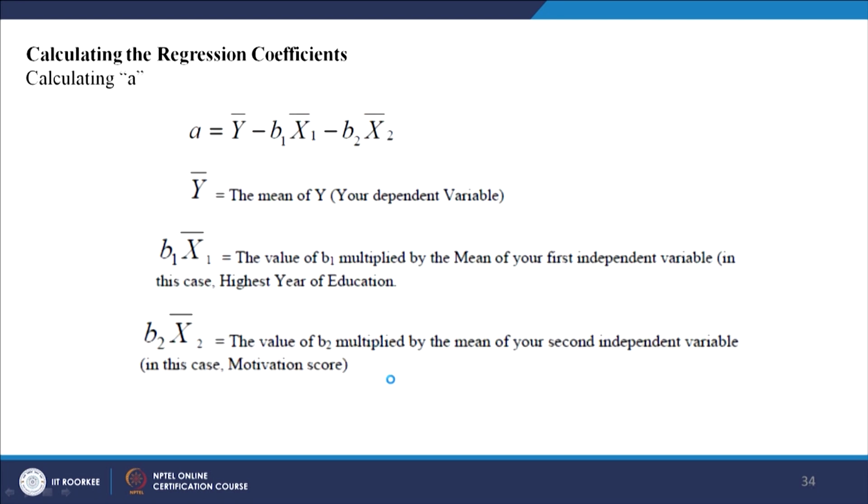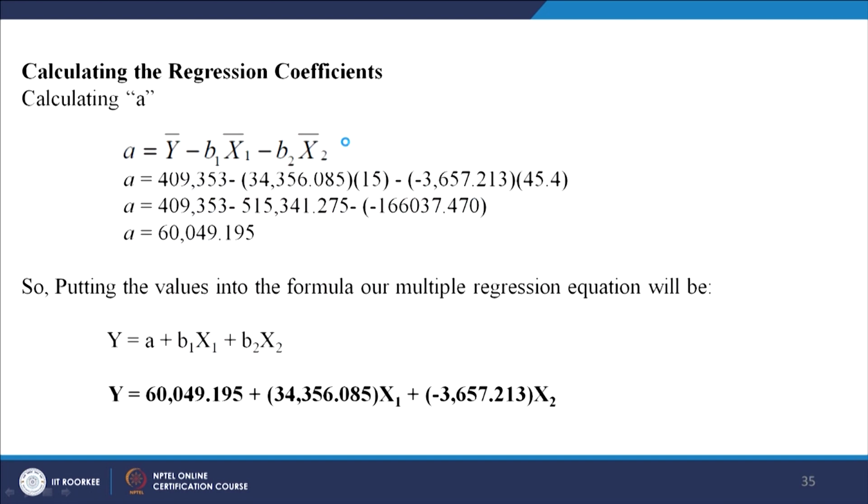Now calculate A by using the same formula, y is equal to A plus B1 x1 plus B2 x2. So A is equal to y mean minus B1 x1 minus B2 x2. Since only the means of x1 and x2 are known to us, we will use them, all the three means. Using this we have calculated A is equal to 60,049, okay.